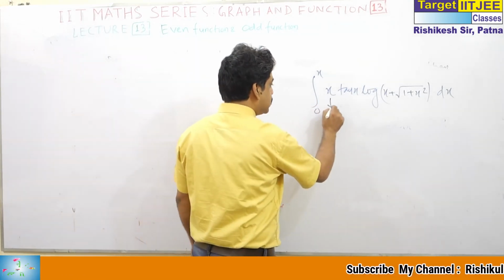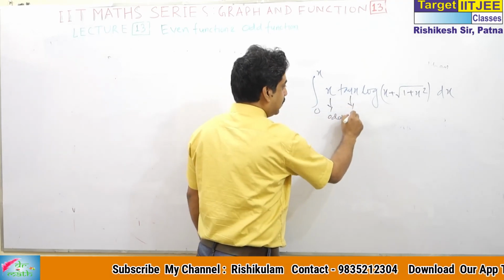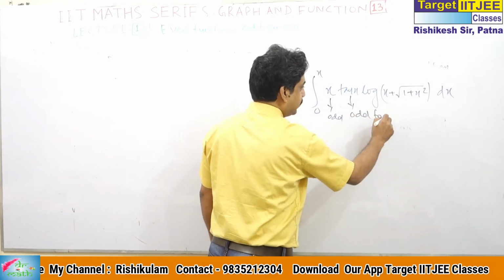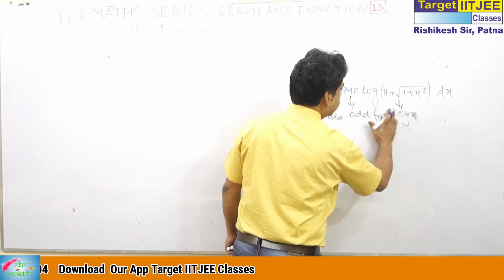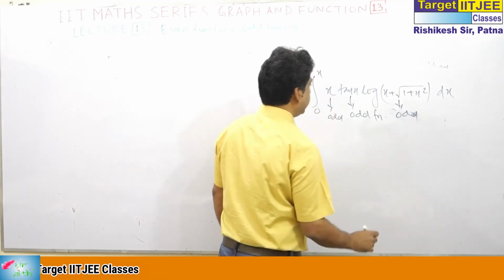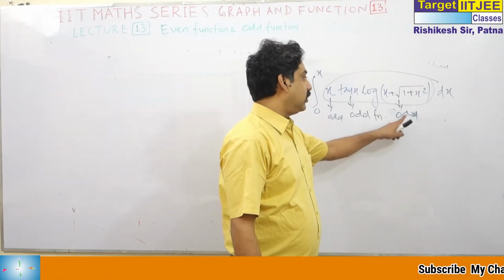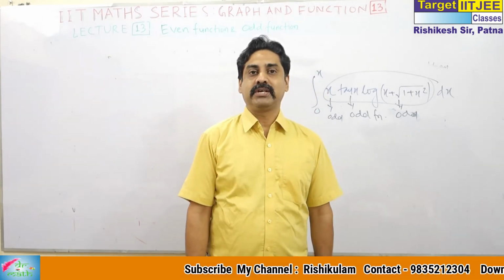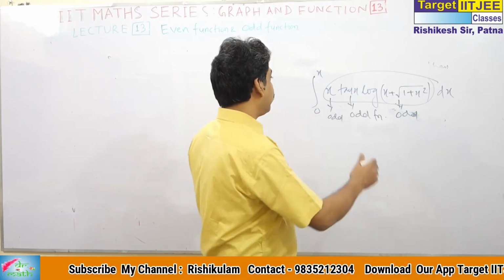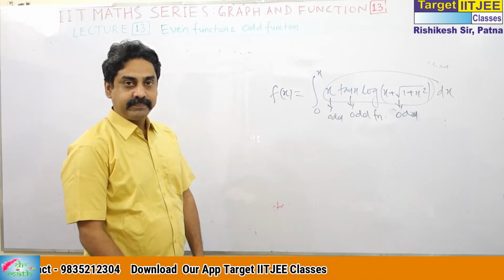Actually, x is an odd function, replacing x with minus x. Tan x is again an odd function. The log term I have written is also an odd function. The product of 3 odd functions is odd, minus into minus into minus. And the integration of an odd function is an even function. So this is finally an even function.